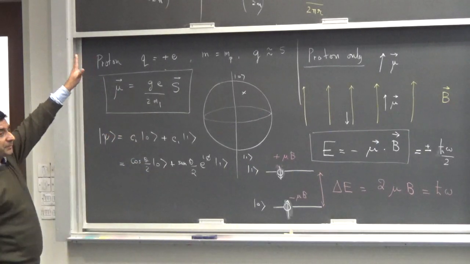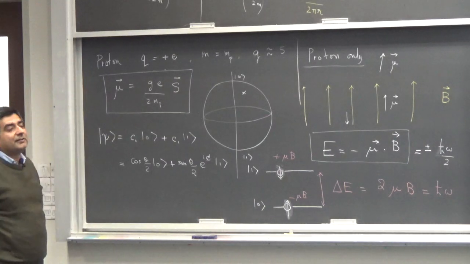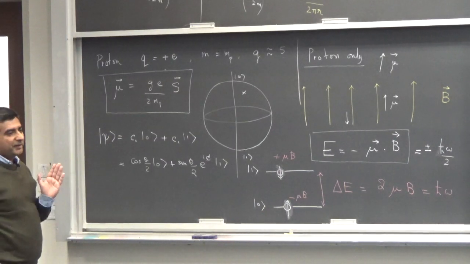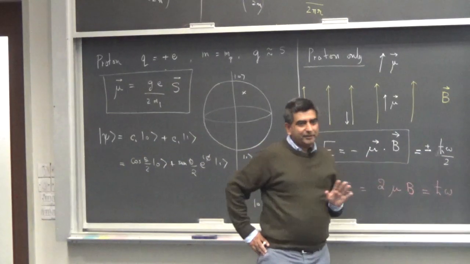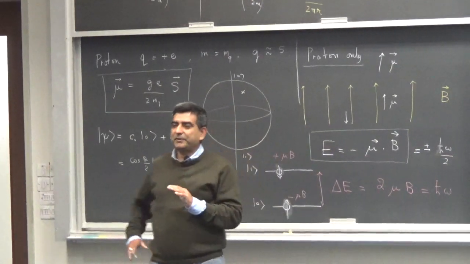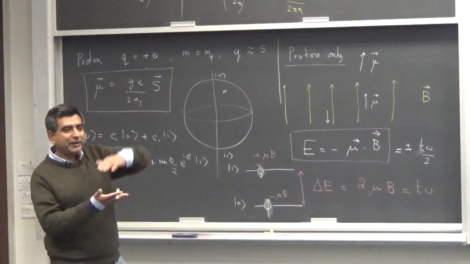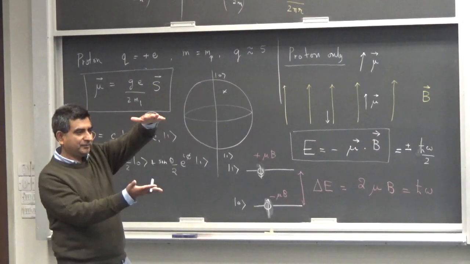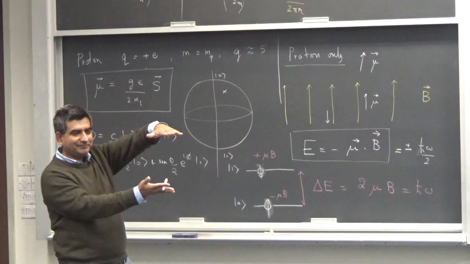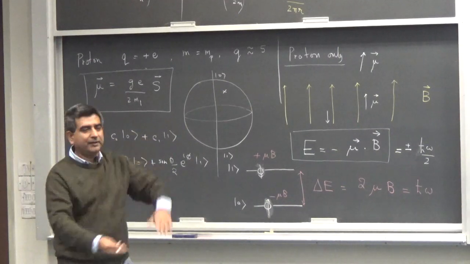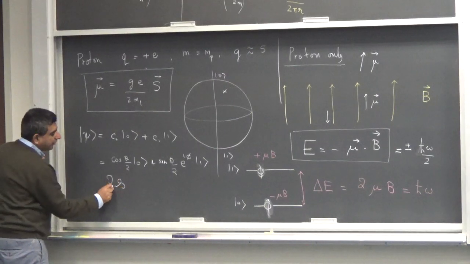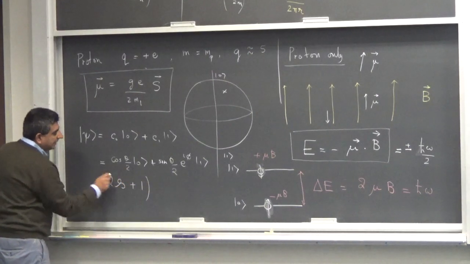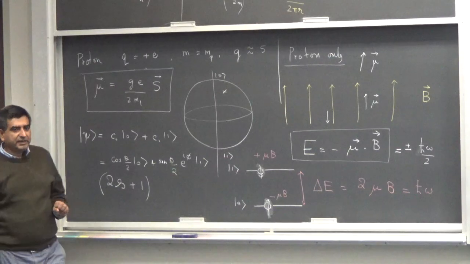Now, this is called a spin half particle. A proton is a spin half particle. That's why we have this 1 over 2 here. Spin half particle means when you put it inside a magnetic field, you get two possible configurations, two levels. Okay? So if you have a spin S particle, you will get 2S plus 1 levels when placed inside a magnetic field.